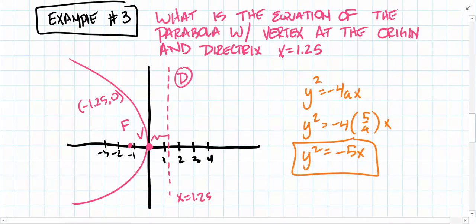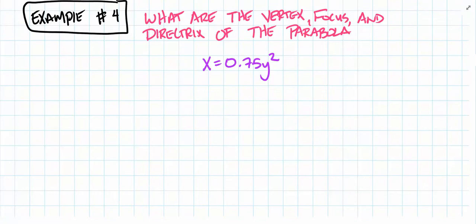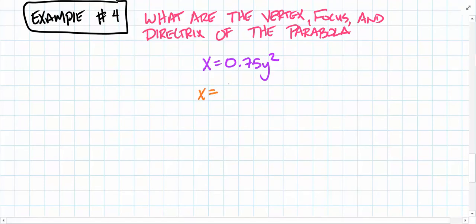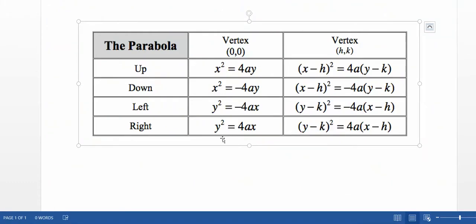In this one, what are the vertex, the focus and directrix for the parabola x equals 0.75 y squared? Well, it doesn't quite fit the form yet, so I'm going to rewrite this. It's saying x is equal to 3/4 of y squared. And remember, all of my cheat sheet formulas are in the form of x squared or y squared. So in this case, I know that y is being squared, so I'm going to get it by itself.